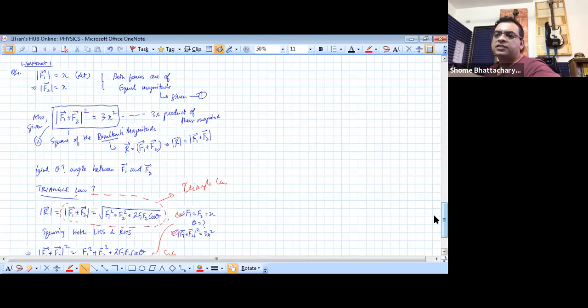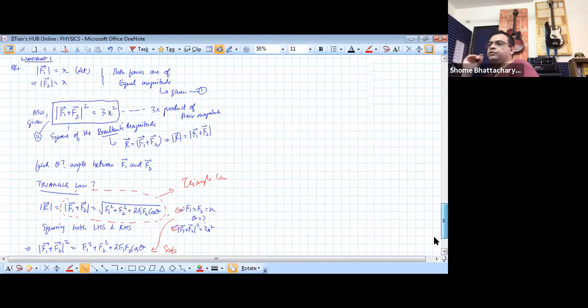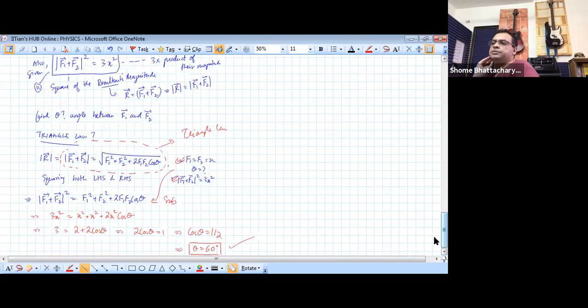So the fifth is actually a very interesting problem, and it has very little to do with vectors. It is more to do with geometry. So I'll be using a number of things in that, like similar triangles, Pythagoras theorem, those kinds of geometrical concepts.